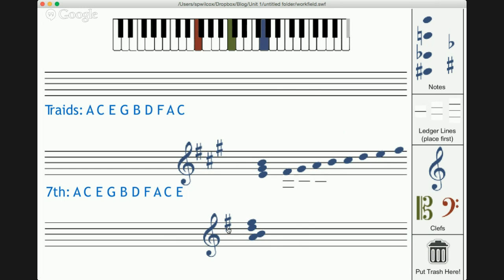Well, the first thing you want to do is look at the letters, right? So we have a B and an A, a D and an F, right? The only way you can stack this so that it stacks up into thirds is B, D, F, A. So in this case, we'd have a B, a D, an F sharp, and an A. Let's put the A on first.